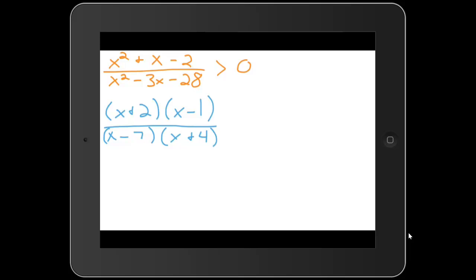Well, now, doesn't that just look a heck of a lot better? Now, what's our next step, S? Next, you would set each factor equal to 0.